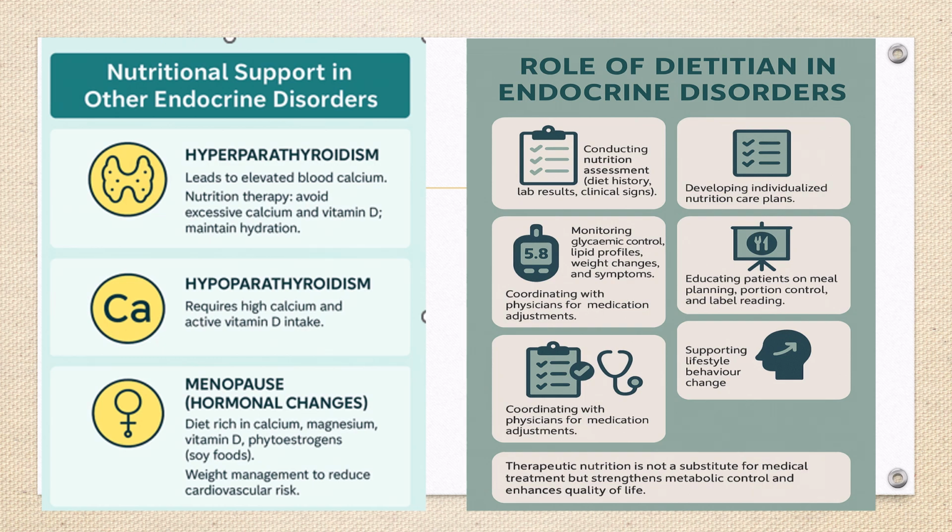Vitamin D has been seen to help in the absorption of the calcium. For menopause, we need to encourage subjects to consume food that is rich in calcium, magnesium, vitamin D, and phytoestrogen. We also need to ensure that there is weight management in order to reduce cardiovascular risk.